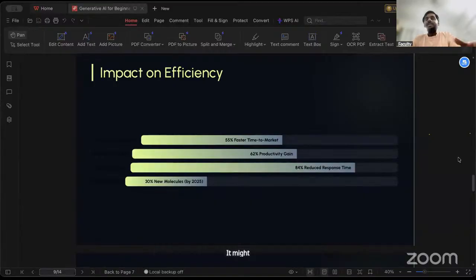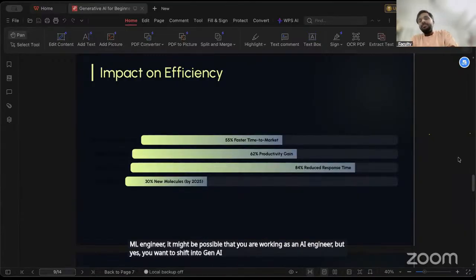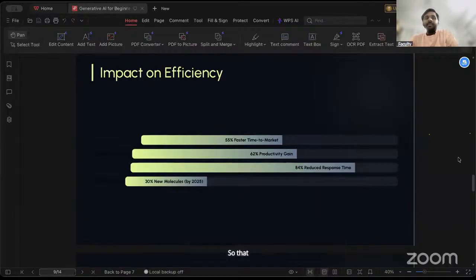It might be possible that currently you are working as an ML engineer or an AI engineer, but you want to shift into Gen AI engineer or agentic AI engineer. That shift is quickly possible with the upgrade in your tools. So that I would recommend. Efficiency in having the detailing about the tool is very, very important.